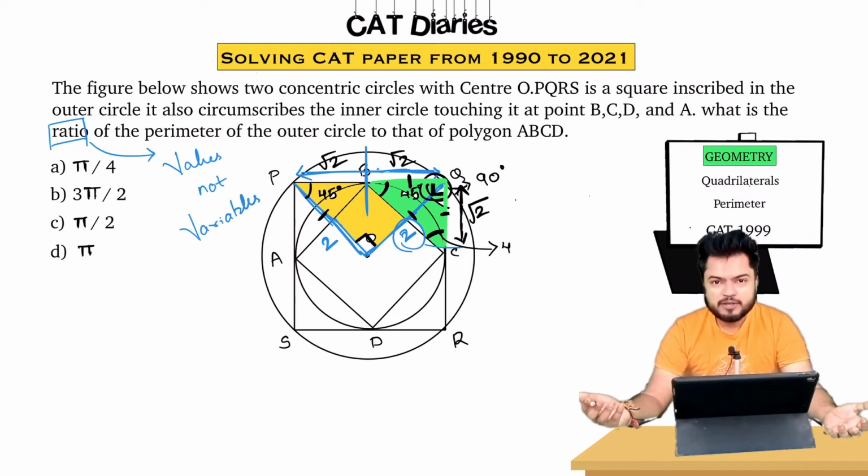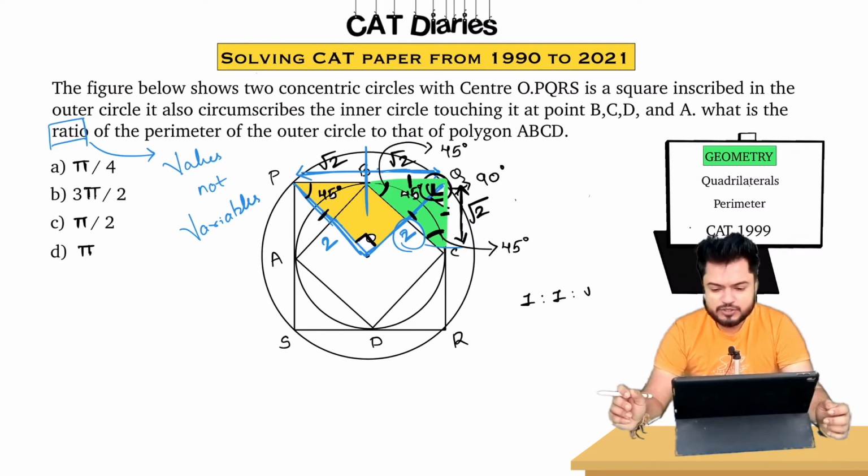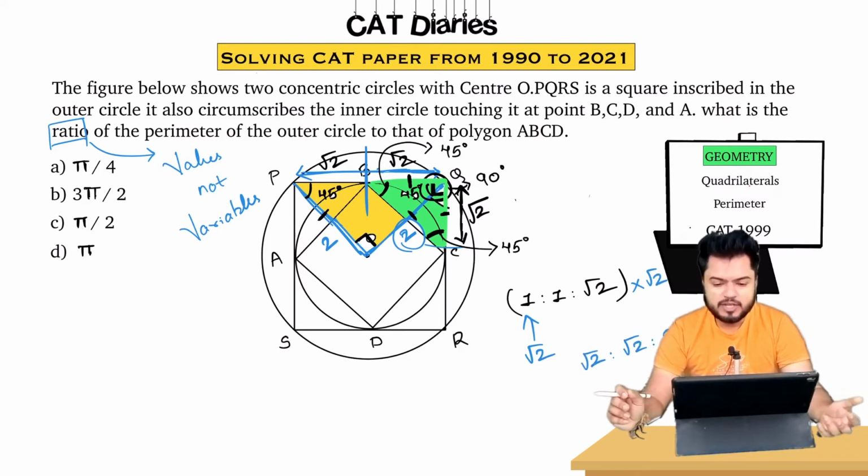The ratio is 1 is to 1 is to root 2. I know the equal sides are root 2, so I'll multiply the entire ratio by root 2. This becomes root 2 is to root 2 is to 2, which tells me that the side BC that I was trying to find is equal to 2.